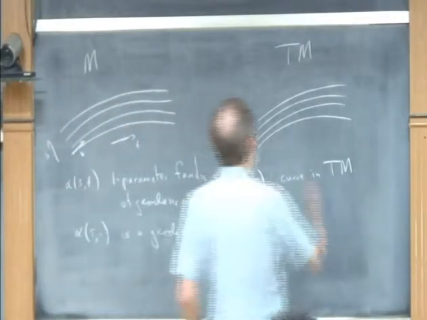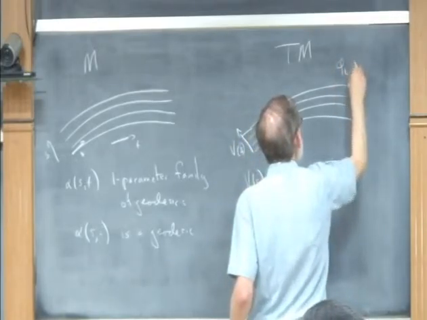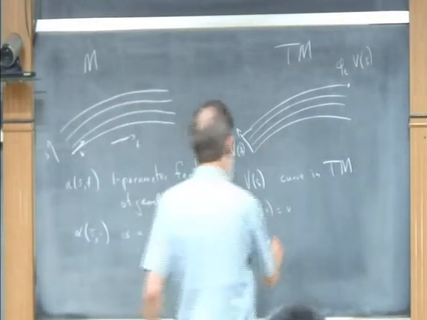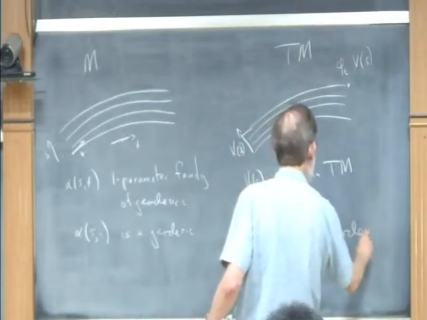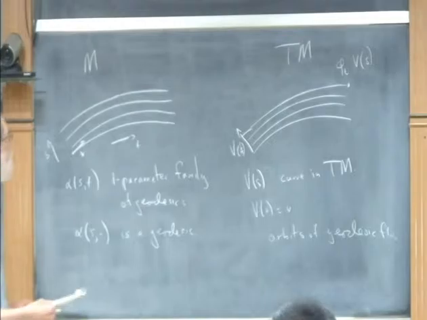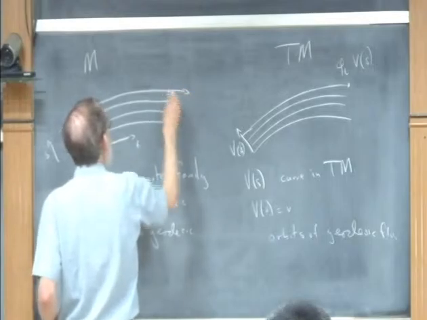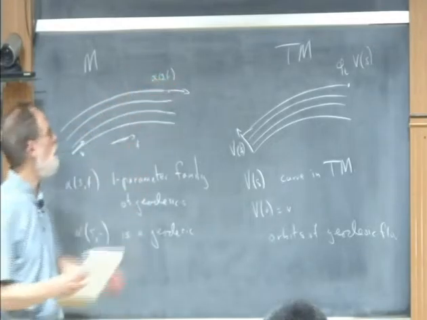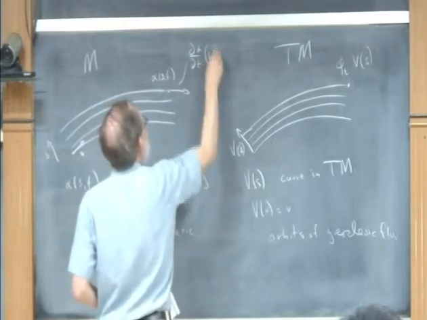And the point here is this is the geodesic flow for time t applied to V of S. So here we have orbits of the geodesic flow. And the link between the two pictures is that, in this picture, if I look at alpha of S,t, and then look at the tangent vector to that geodesic, this tangent vector is partial d alpha dt at S,t.